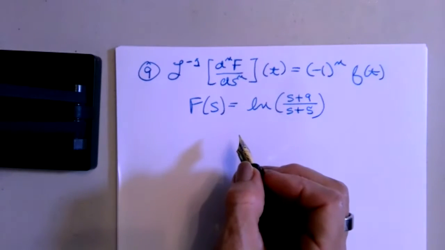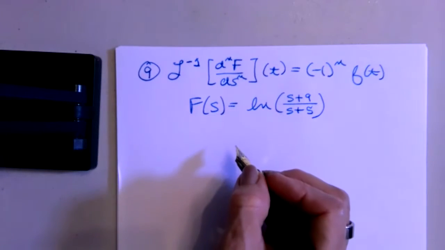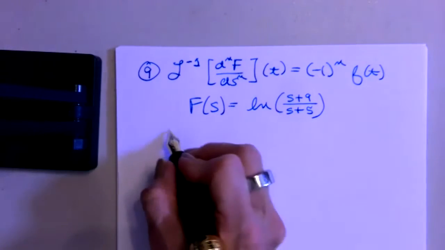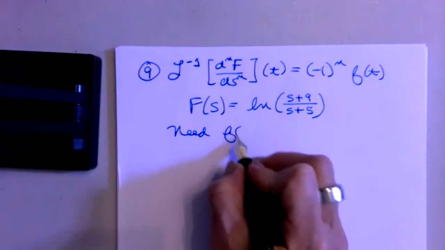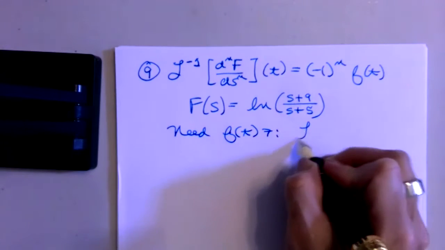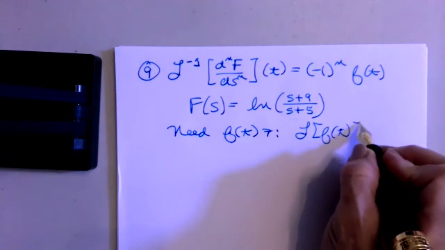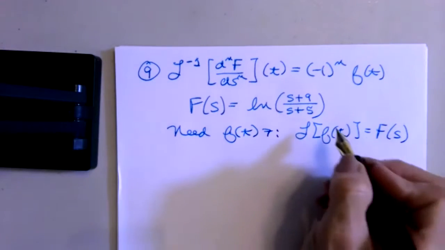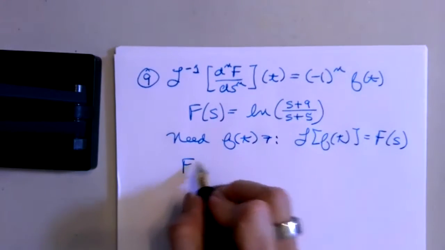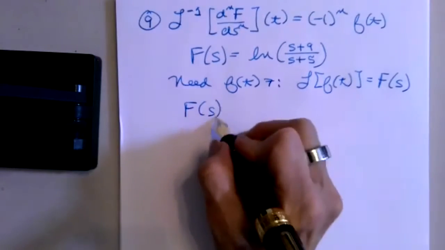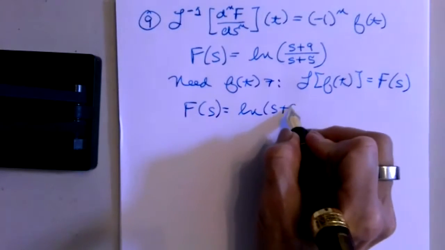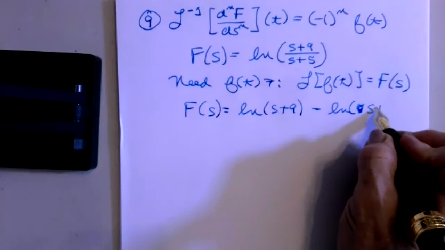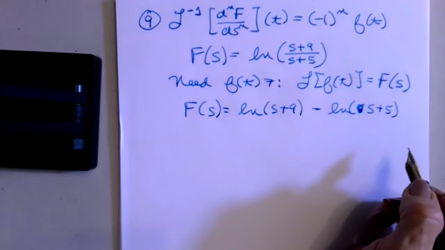Okay. All right. So first of all, we have to find the function whose Laplace transform we need: little f of t such that the Laplace transform of little f of t is capital F of s. Notice that you can write capital F of s as ln of s plus 9 minus ln of s plus 5, just by the properties of logarithms.